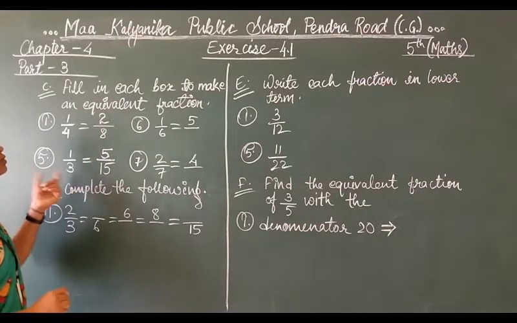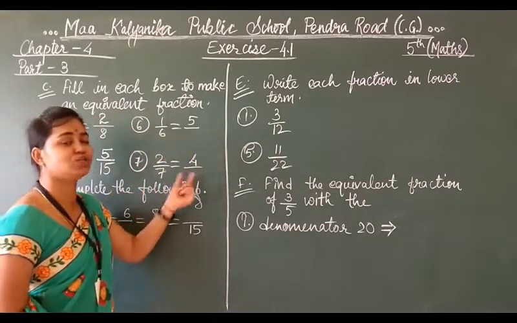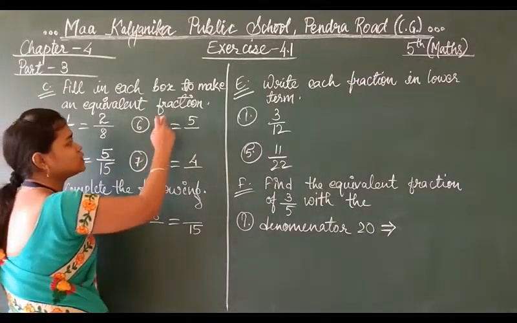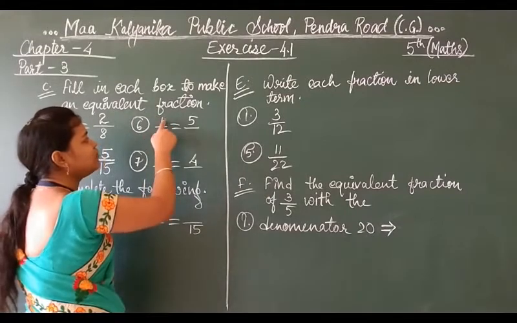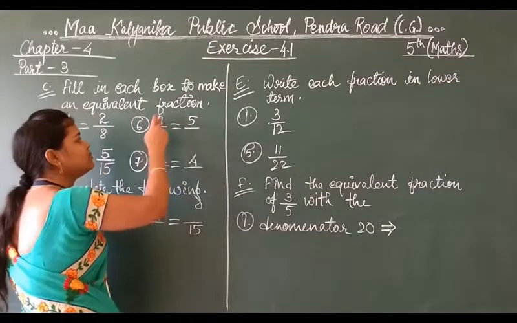In the same way students, if you want to find the new denominator, that also we can find out. Let us see how to do it. So question number 6, 1 by 6. 1 by 6 is given students, and the numerator is given as 5. How to get 5? After multiplying 1.